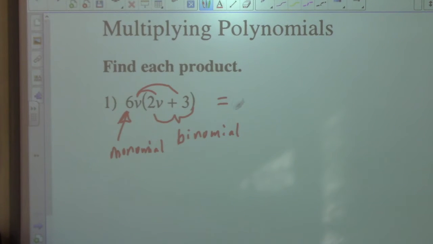So you multiply these together. 6v times 2v is what? It's 12v squared. And then 6v times 3 is plus 18v.